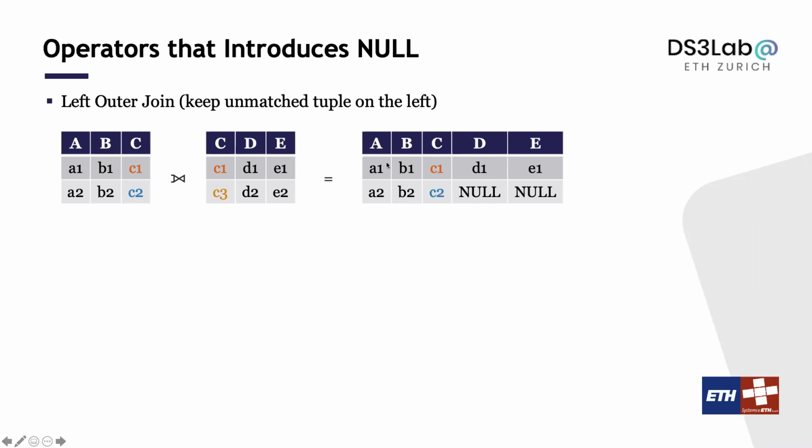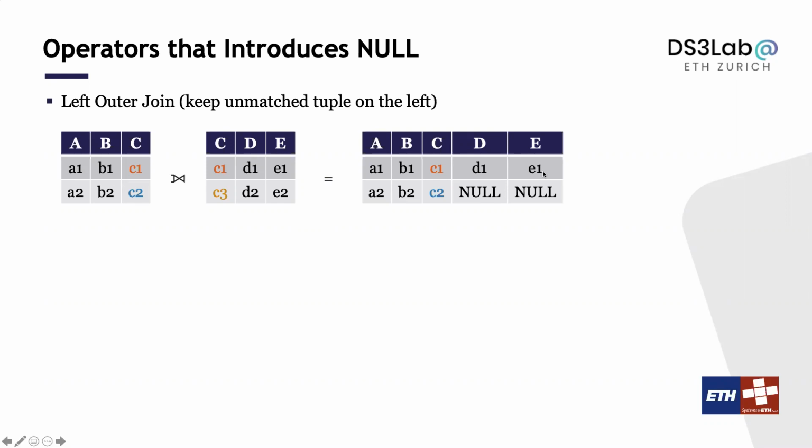And then I'm going to try to join it with the relation on the right-hand side. If I'm able to find a matching tuple, for example, for the first tuple for C1, that also appears on the right-hand side, I'm going to do the join as normal. But if I cannot find a match, for example, for C2, I'm going to put null in the unmatched position. Okay, so if you do a left outer join between these two relations on attribute C, this is what you are going to get.